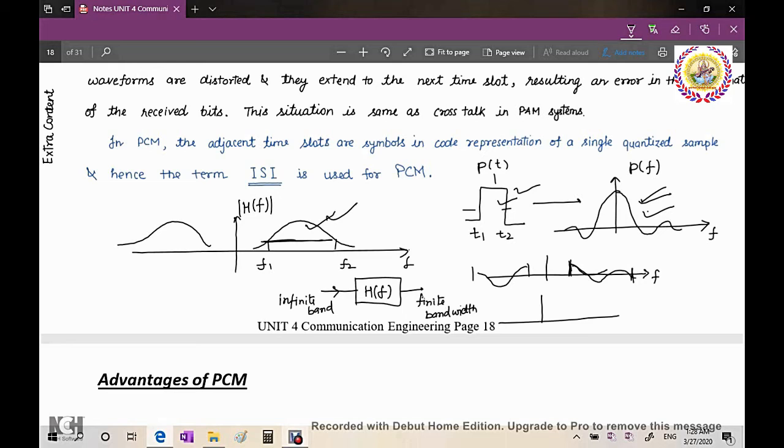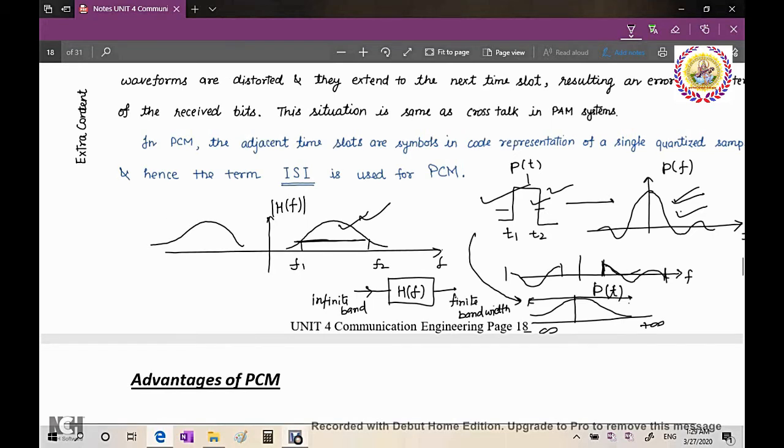The actual pulse will become a duration of infinity, from positive infinity to minus infinity. Initially your pulse was p(t), but after passing through the channel it becomes p(t), which is of infinite duration.